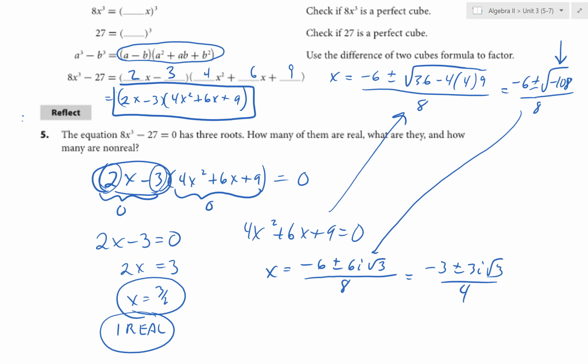Okay, since that has an imaginary number in it, we'll say we have 2 non-real roots. So it was a third degree polynomial, so we knew there were going to be 3 roots altogether. One of them is real, 2 of them are non-real. Any questions on that one?